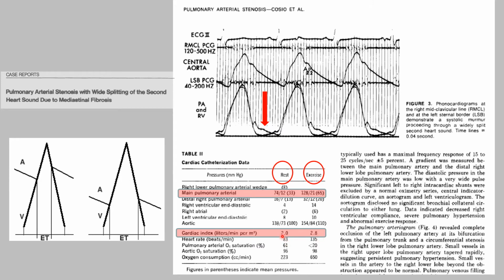So while the mean pressure doubled, the flow through the heart increased by the square root of the double, which is 1.4. So it tells us that this has a quadratic relationship more than a linear relationship.